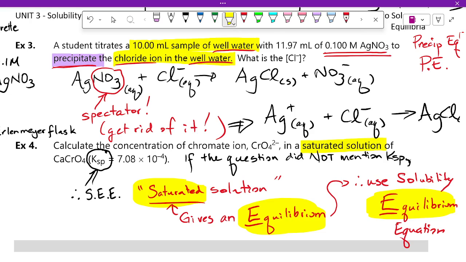If you have any room left whatsoever, beautiful. Maybe in that little gray line down there, could you please write the solubility equilibrium equation for this question?